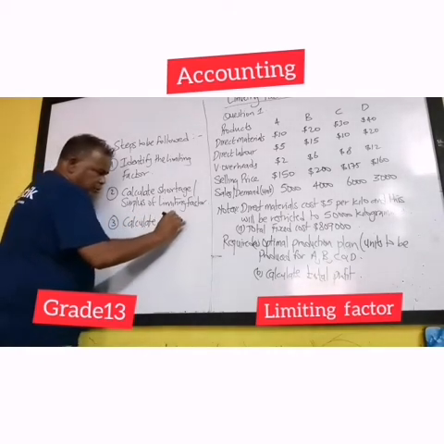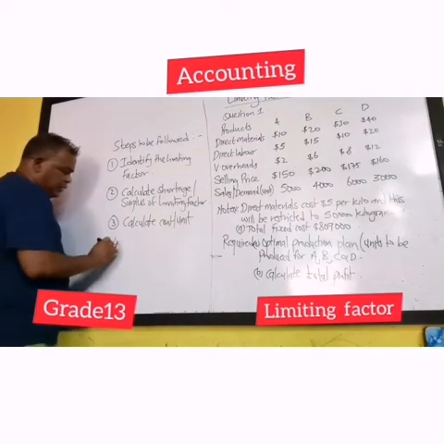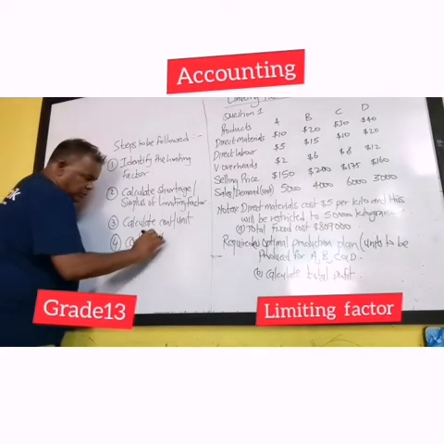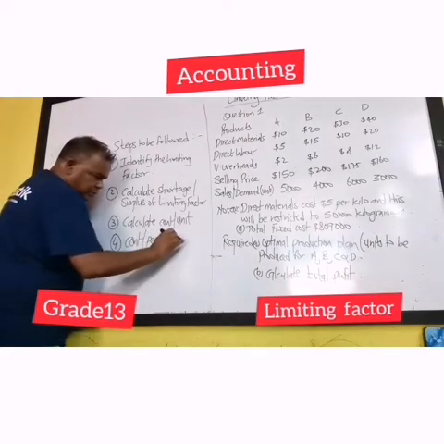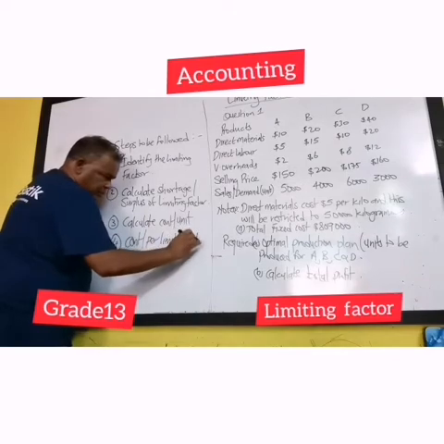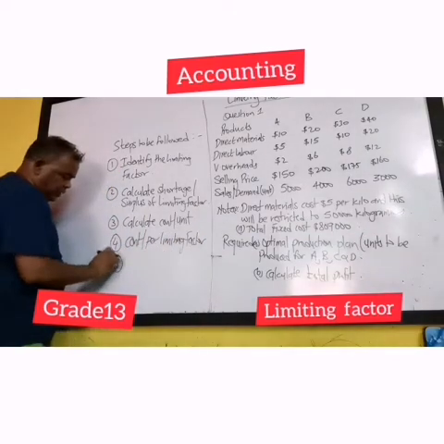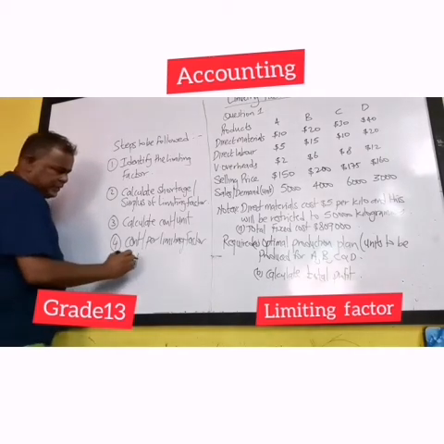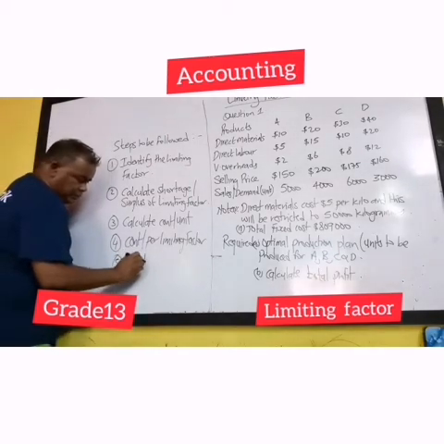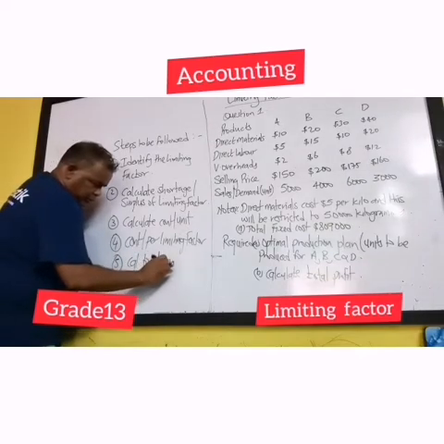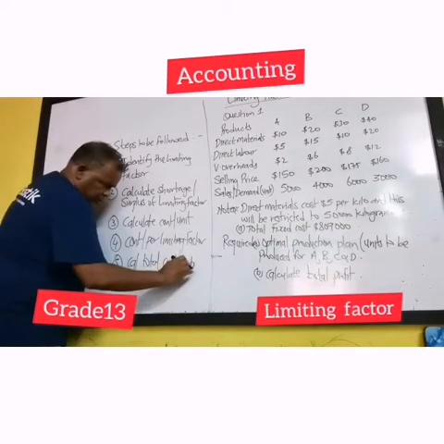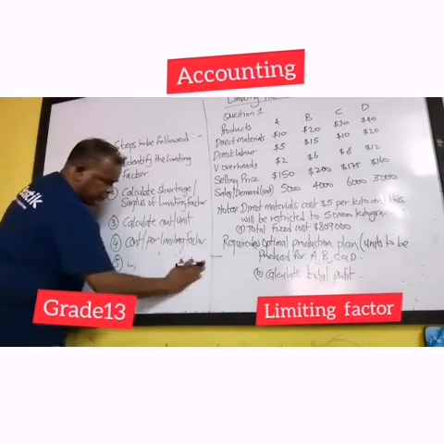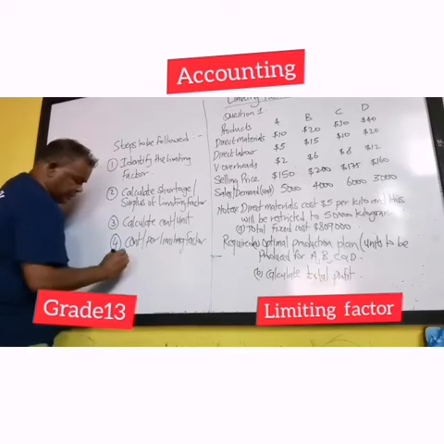contribution per unit. And then we have to calculate contribution per limiting factor. And we have to calculate total contribution, and then finally we have to calculate using optimal strategy.